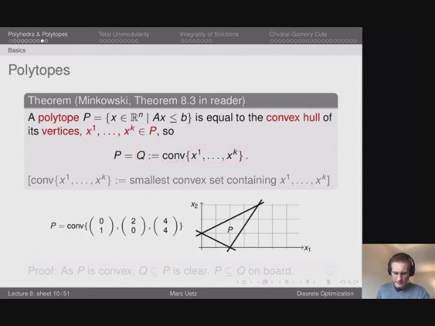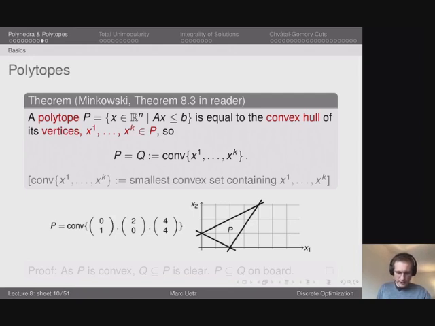So what is the convex hull? The convex hull, conv x1 up to xk, is defined as the smallest convex set containing x1 up to xk. Okay, and notice that this theorem of Minkowski gives us two different descriptions of one and the same object, a polytope.